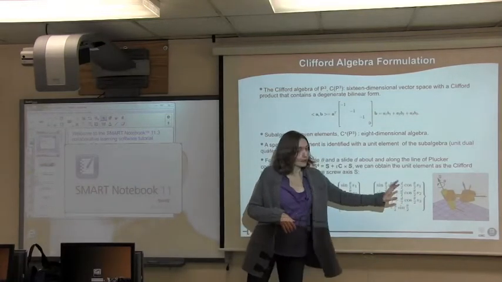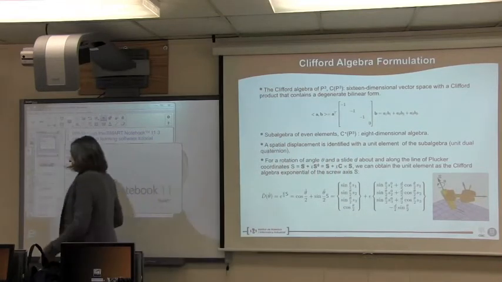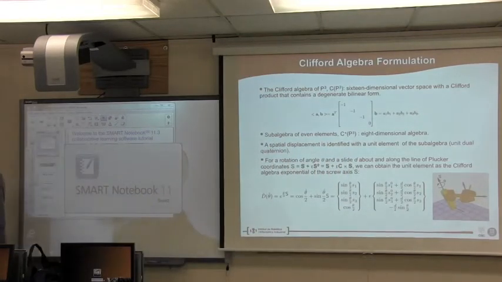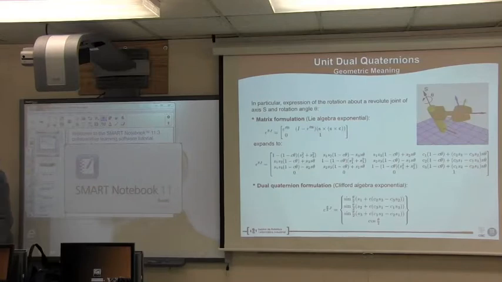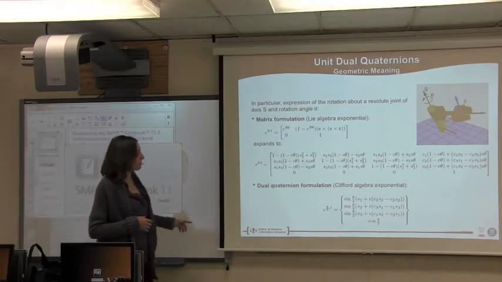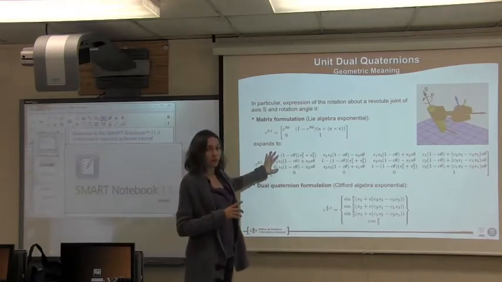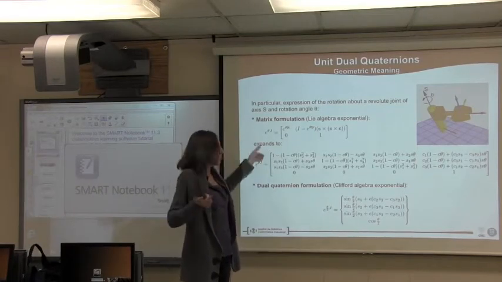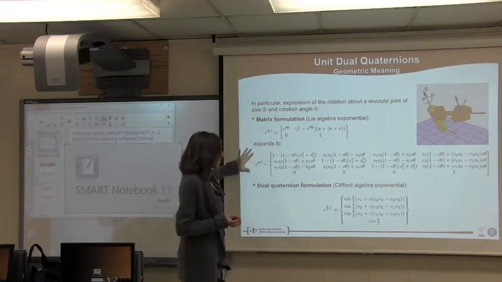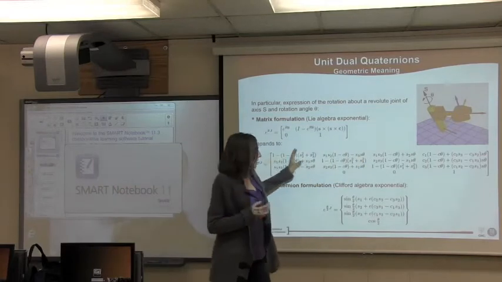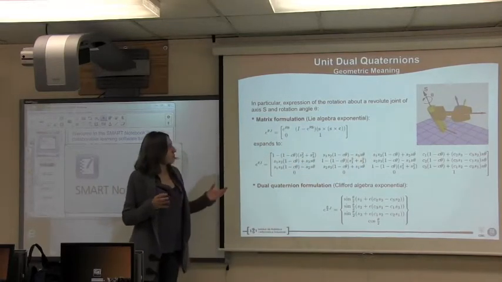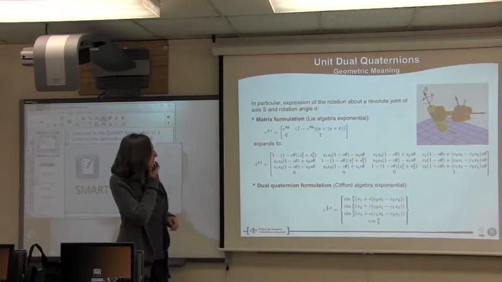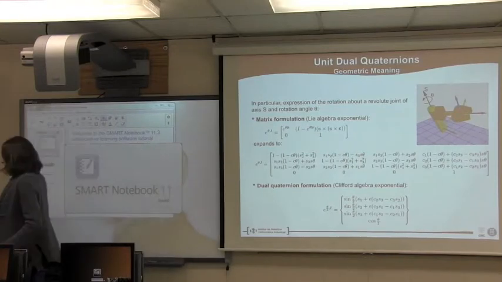And this would be the expression of the motion about this joint in dual quaternions. The same thing, if we were going to use a matrix, this is the expression of a rotation about a known axis if you express it in matrix form. So it kind of becomes big. Matrices sometimes are not the simplest.